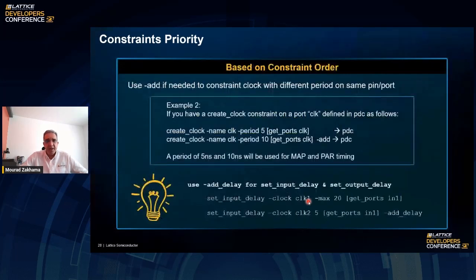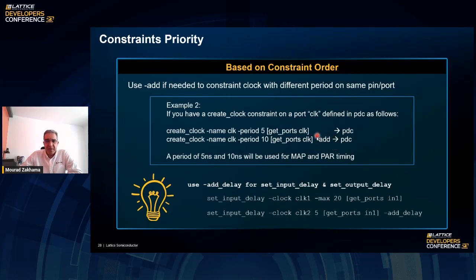But you just need to be aware that in case of conflict, the PDC file is the one that will take over. The order in which these constraints are entered into the design is also important, even if they are part of the same SDC or PDC file. In the case where you have, for instance, create_clock with 5 nanoseconds, and you forgot that you defined this, when you have a second line with 10 nanoseconds, the second line will take over the first line, unless you have the -add option, where you want to apply two constraints on the same object.